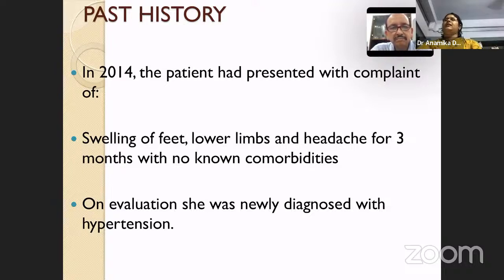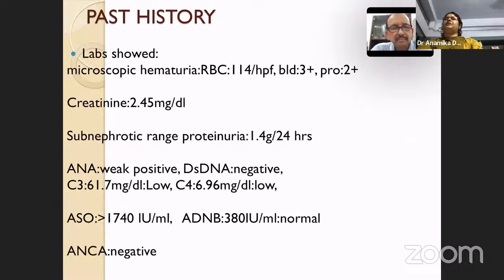On evaluation at that point of time, she was diagnosed with hypertension, and she had microscopic hematuria with deranged renal function, with a creatinine of 2.4 milligram per deciliter and subnephrotic range proteinuria of 1.4 grams in 24 hours.